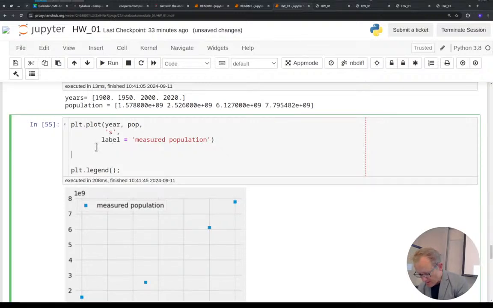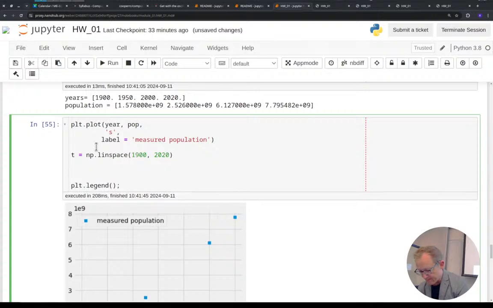So now let's create T. Let's say T is going to go from linspace 0 to, it's going to start at 1900, go to 2020. And my analytical result, since I have an array of time, this independent variable time, I can plug it right into an equation and say pop 0 times the exponent of kg times t, and I should define kg, right?